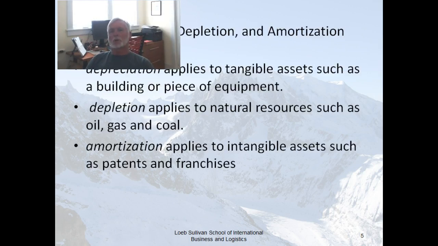These are just some terms. Depreciation, depletion, and amortization basically mean the same thing within the accounting profession, but they're applied to different assets. So depreciation is what we call that allocation of cost, but just for tangible assets, things that you can touch.